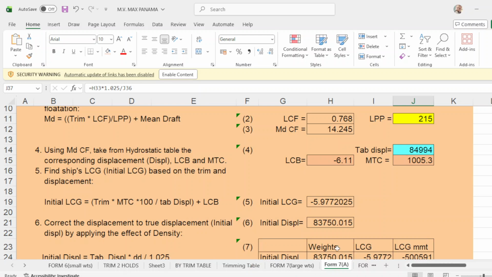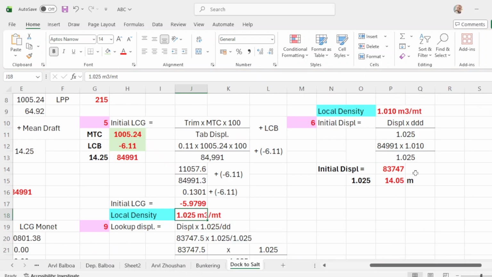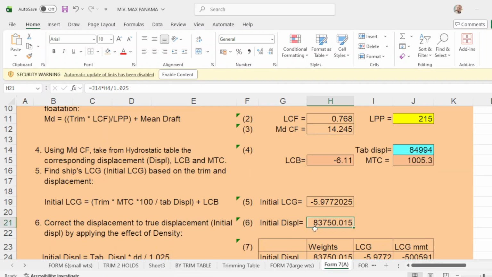Applying the effect of density, this should be in salt water. You see, this is your local density over your salt water. This is the same here. Local density over salt water. So your initial displacement is 83747. And the program has 83750, so meaning 3 tons difference. Then number 7.